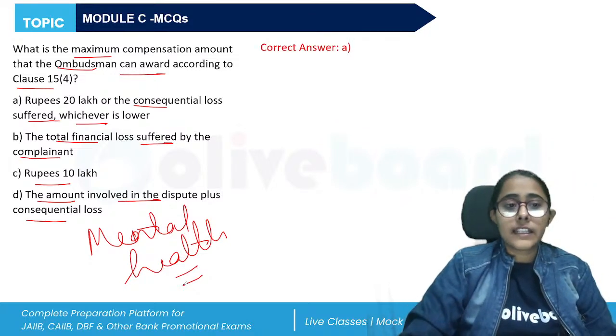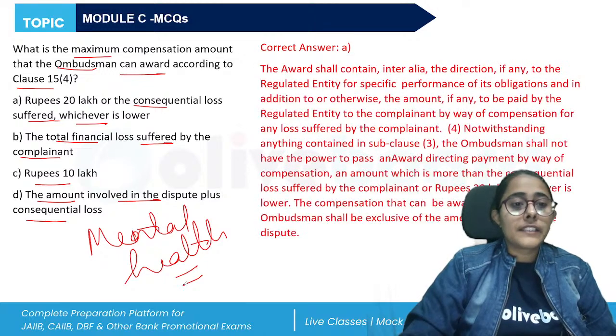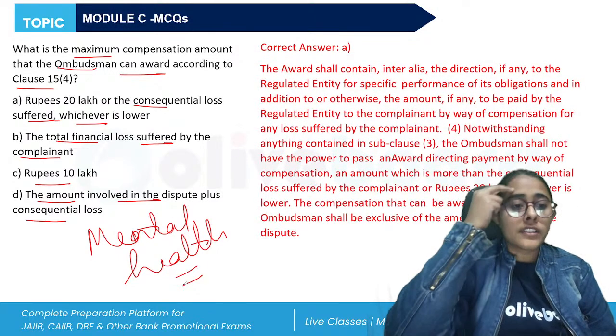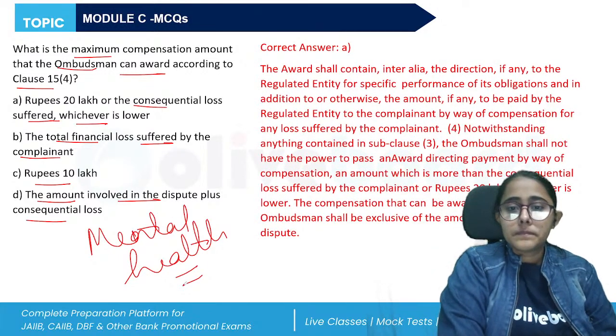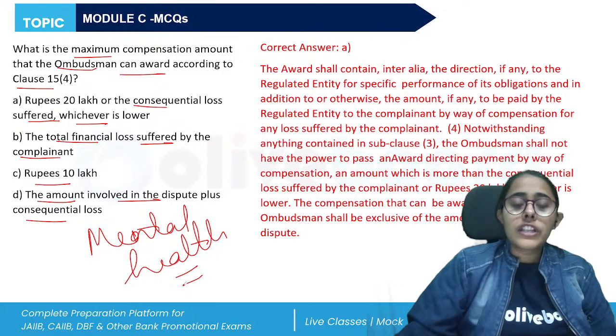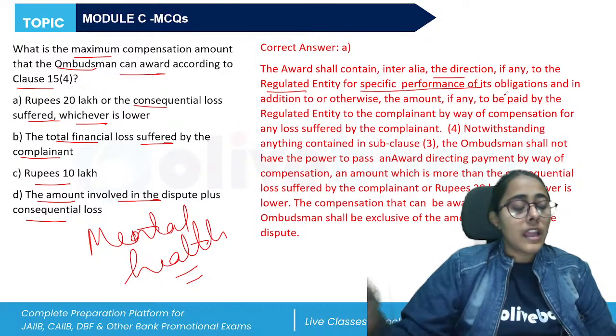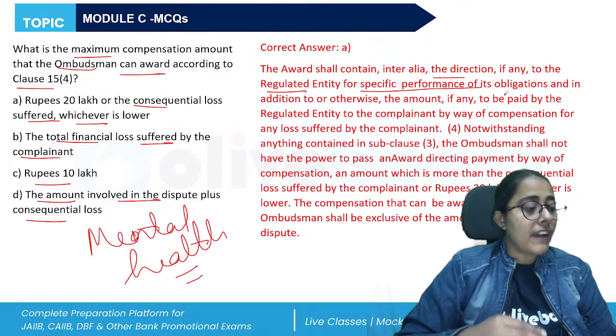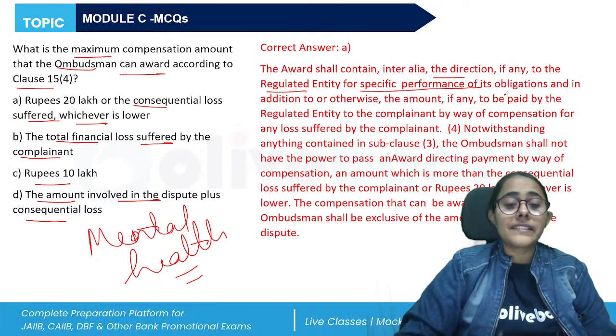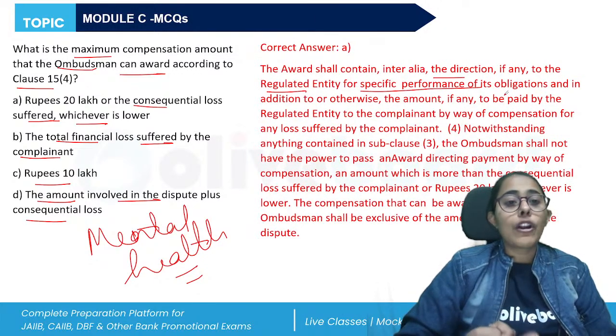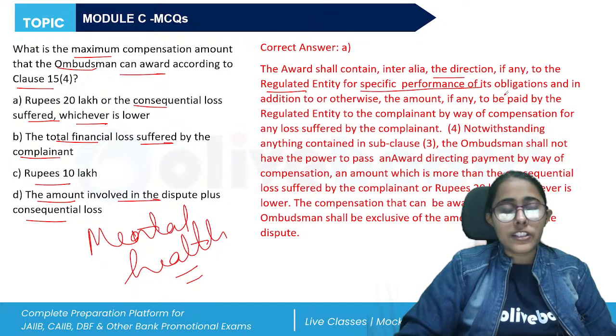The correct answer here is option A, that is rupees 20 lakh or consequential loss suffered, whichever is lower. So the award shall contain the direction, if any, to the regulated entity for specific performance of its obligation. If the ombudsman finds that the regulated entity has not performed its duties, they may say that on a priority basis, you need to perform the obligations.